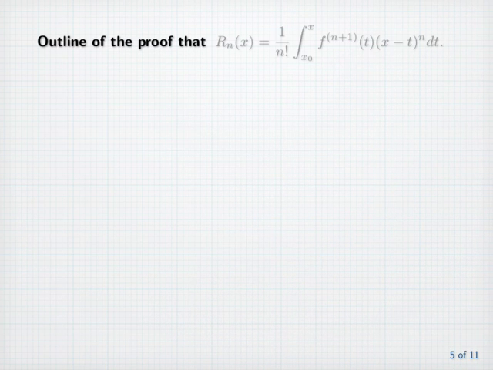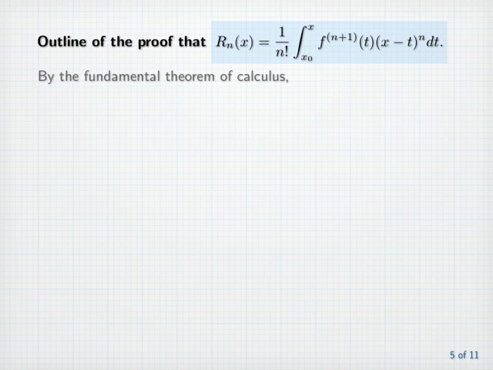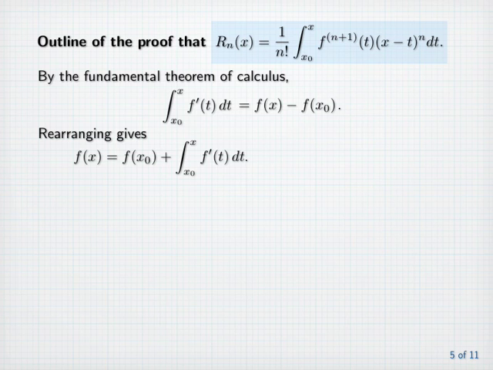Now we're going to give an outline of the proof of the integral form of the remainder. By the fundamental theorem of calculus, the integral from x0 to x of f prime of t dt is equal to f of x minus f of x0. And rearranging gives f of x equal to f of x0 plus the integral from x0 to x of f prime of t dt.